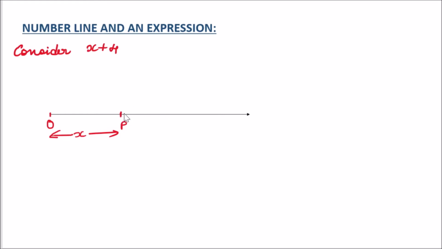Then we have marked it as P. After that there is plus 4, which means it may be somewhere here. We will mark it as Q. From here to here it is plus 4, and from 0 to Q, the whole line, it is x plus 4.